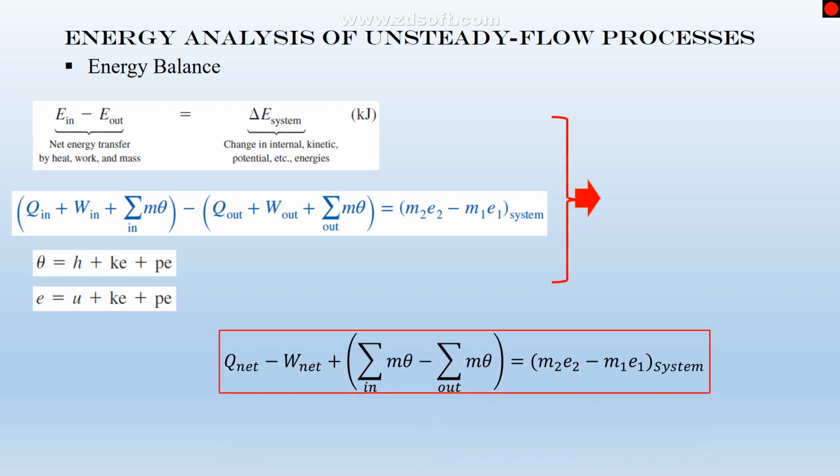This is the energy balance equation for unsteady flow processes: Q net minus W net plus sigma m times theta in minus sigma m theta out equals M2 E2 minus M1 E1 for the system. Keep in mind that Q net is Q in minus Q out, W net is W out minus W in, and then you have the definitions for theta and E here. So these are the energy and mass balance equations for unsteady state processes.